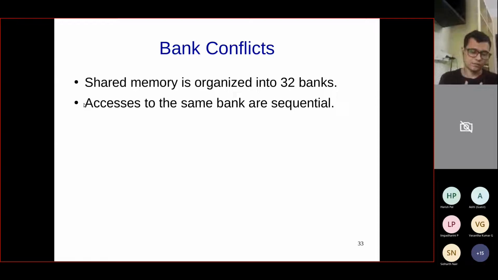Let us say you have a nicely parallel operation and you are using shared memory for it, and during that operation there are a lot of requests by the threads which cause sequential bank accesses. That will cause bank conflicts, and we'll see examples for them in this slide or the next slide. I hope that is clear up to this point.